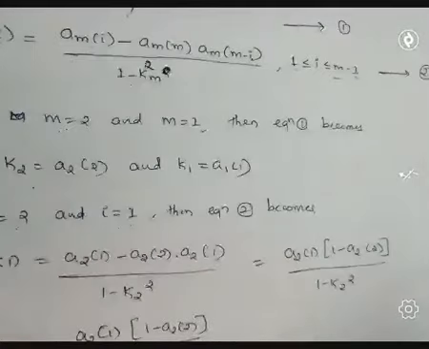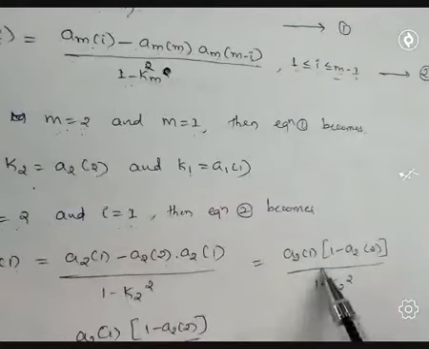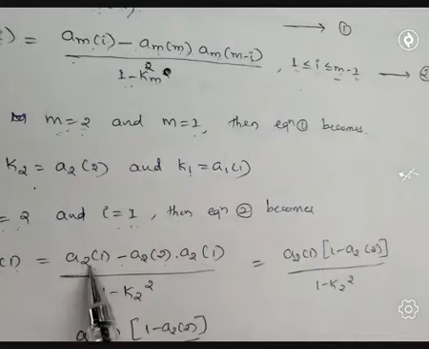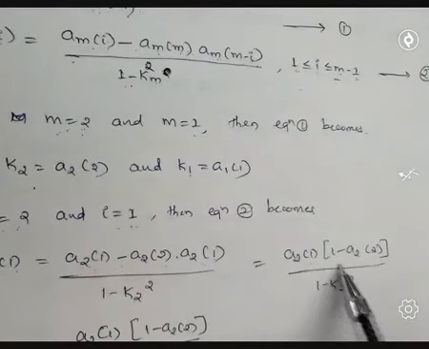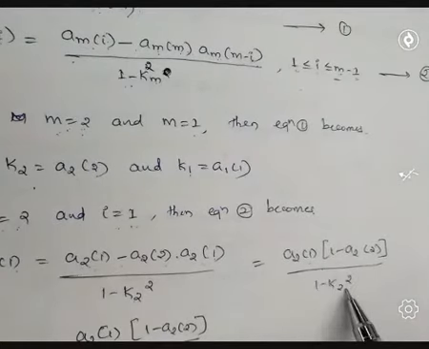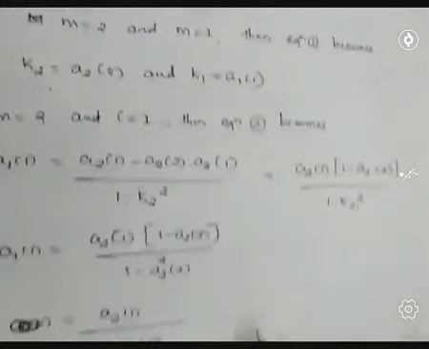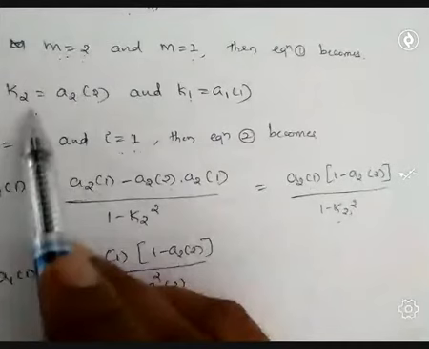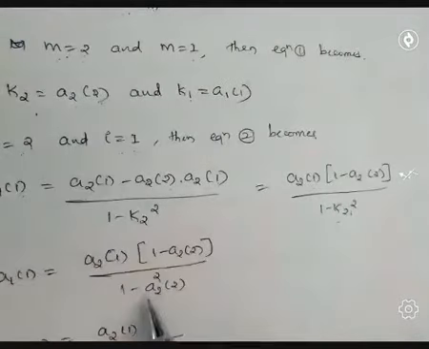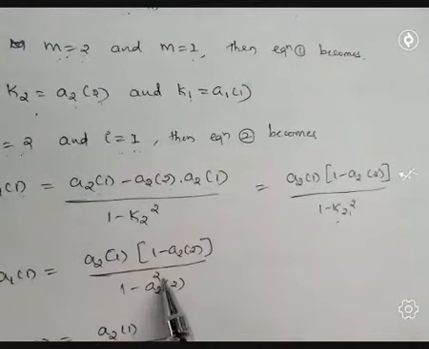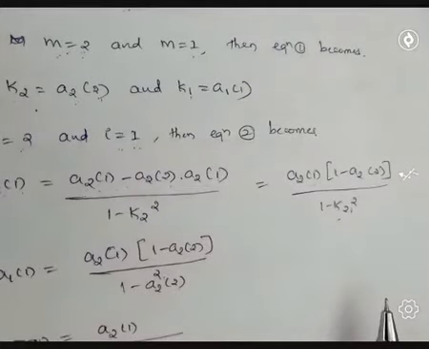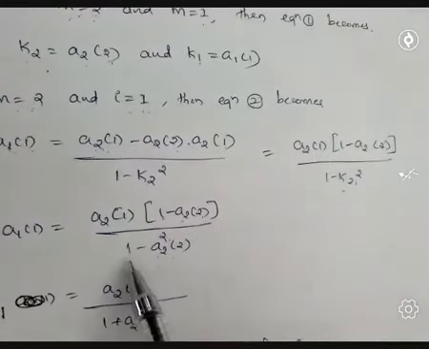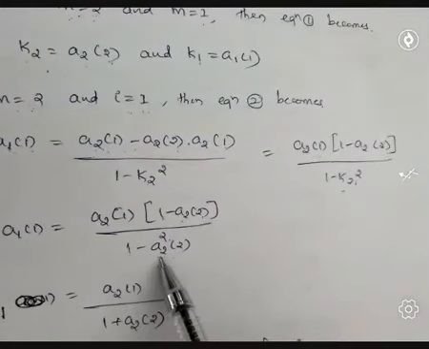From this equation, for further simplification, I take A2 of 1 common, leaving 1 minus A2 of 2 divided by 1 minus K2 square. Next, K2 we already calculated: K2 equals A2 of 2. Substitute here: 1 minus A2 of 2 square. In the numerator, inside the bracket, 1 minus A2 of 2 is there, and in the denominator 1 minus A2 of 2 square is there.